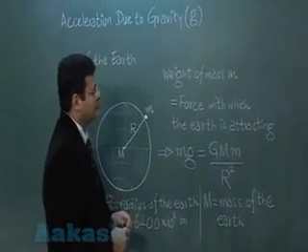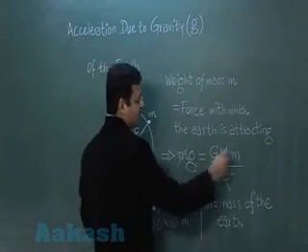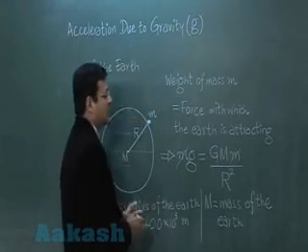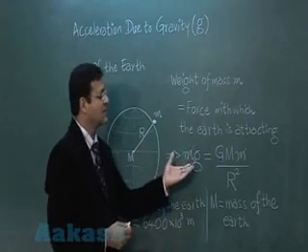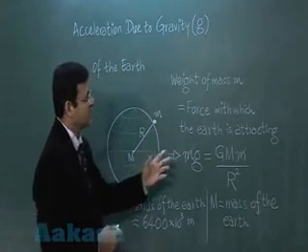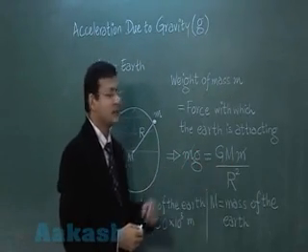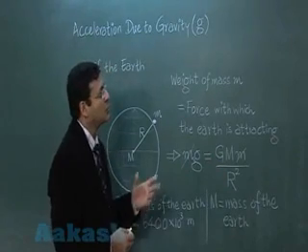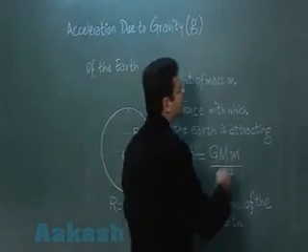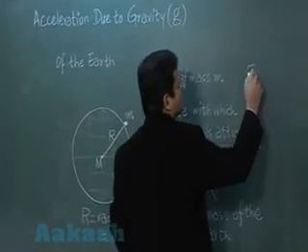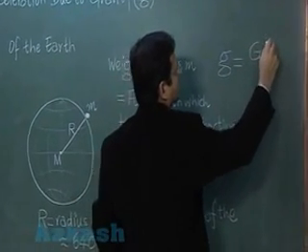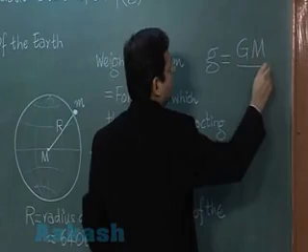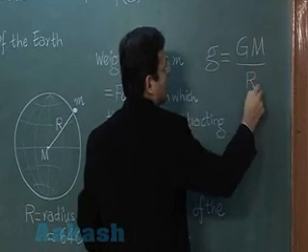Now if you cancel out these two small masses, then you get the expression for acceleration due to gravity, and you can see that small g is equal to capital G capital M upon R square.